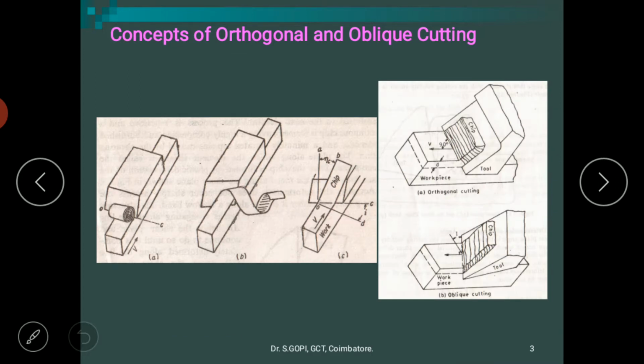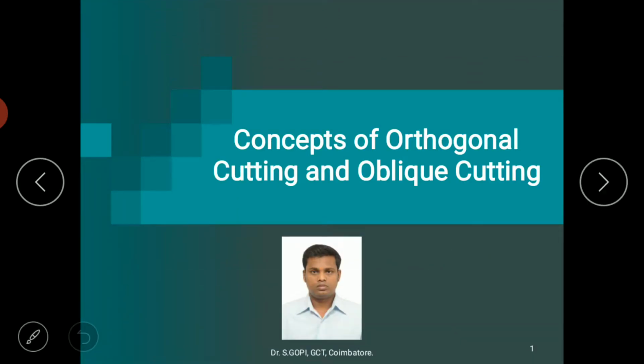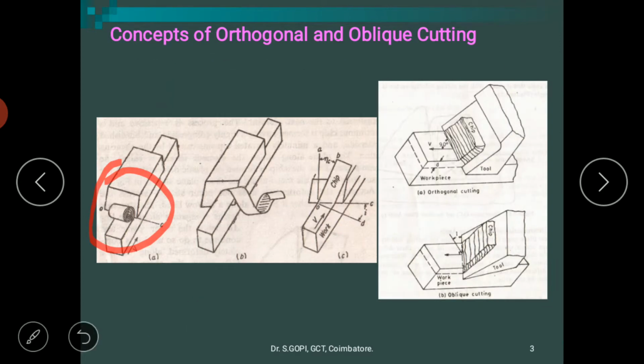In orthogonal cutting, the cutting edge is perpendicular to the feed direction. The rake surface is also perpendicular in the case of orthogonal cutting. So whatever material is removed will be curled over the rake surface.